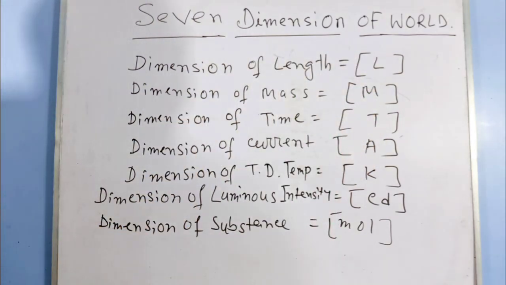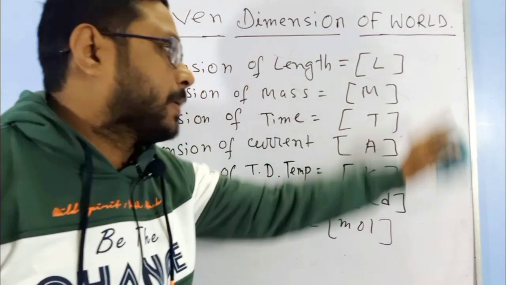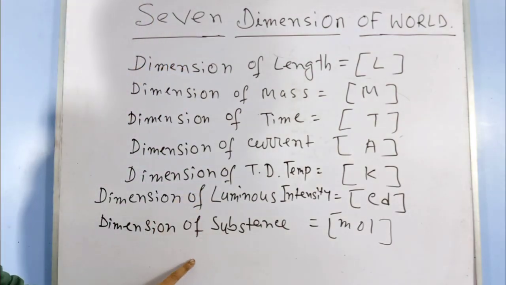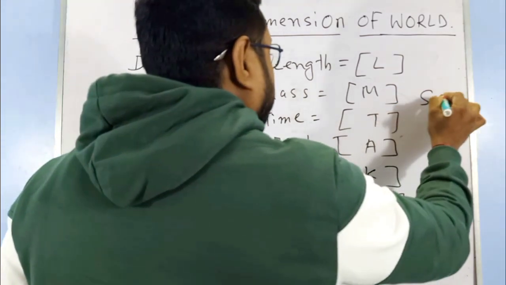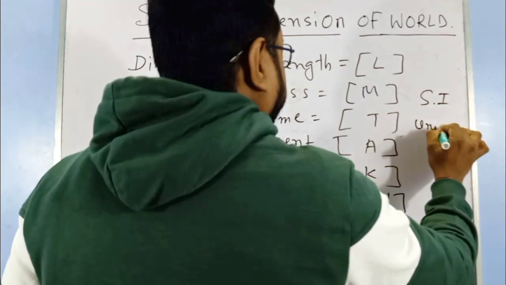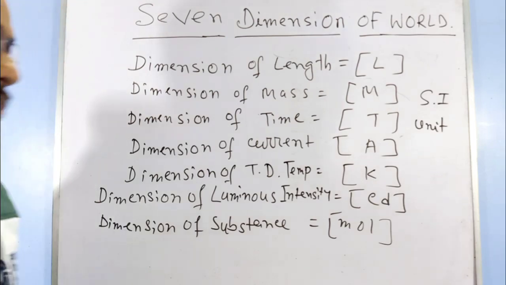These 7 are the 7 dimensions of the world and the most fundamental quantities in SI units. You know this. Okay.